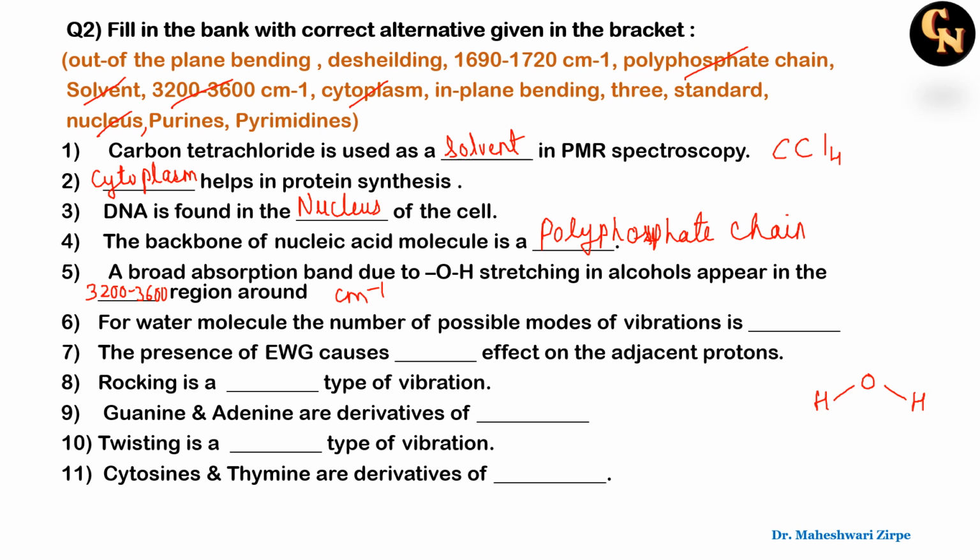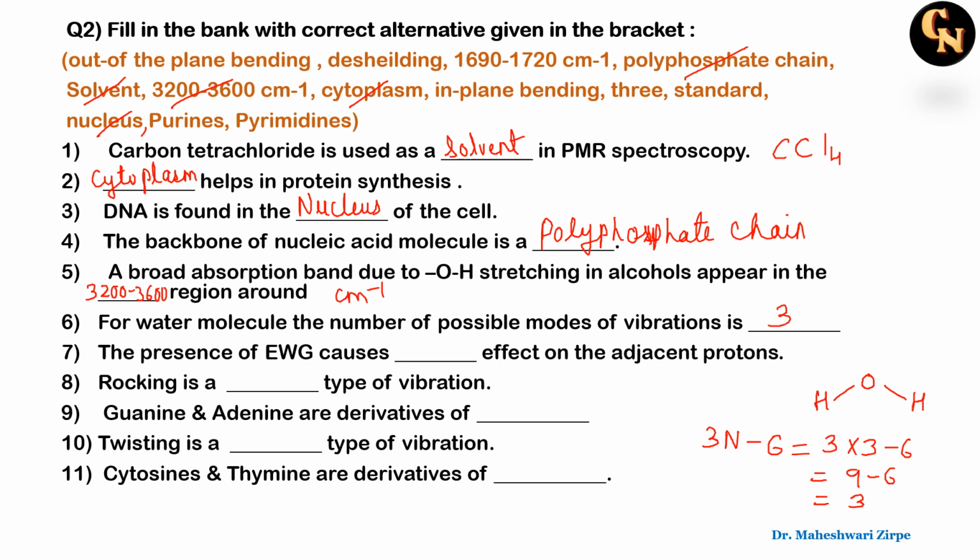That's why the formula we will be using to find the modes of vibration is 3n minus 6, where n is the number of atoms. The number of atoms in a water molecule is 3. So it is 3 into 3 minus 6, that is 9 minus 6, that means 3. So the correct answer here is 3 modes of vibrations.